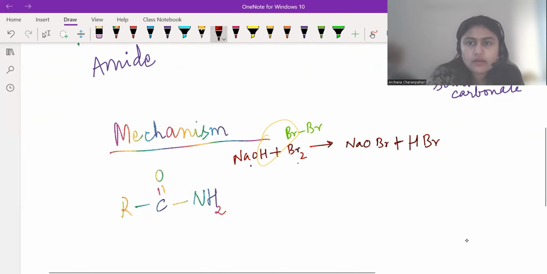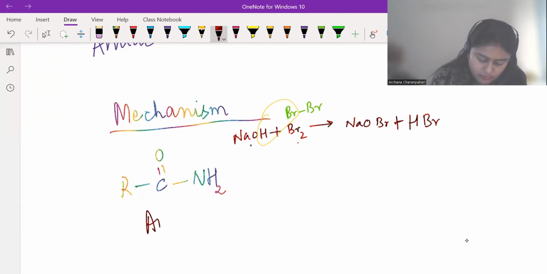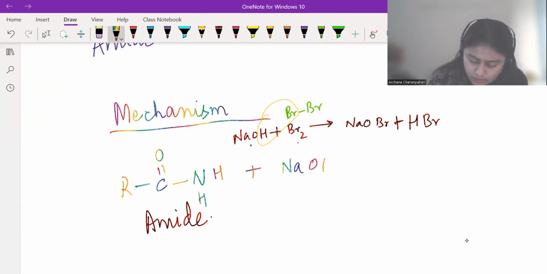So let us see the mechanism. Now you have this amide. I can write this amide in this fashion also, one H here, one H here, and we attach NaOBr. Now what happens? Alkali has the ability to abstract a proton. Alkali will try to abstract a proton.